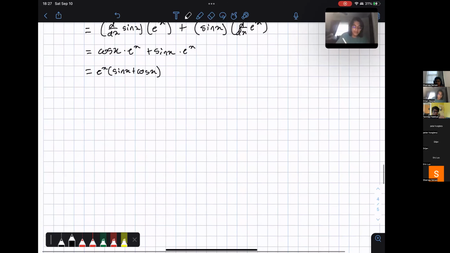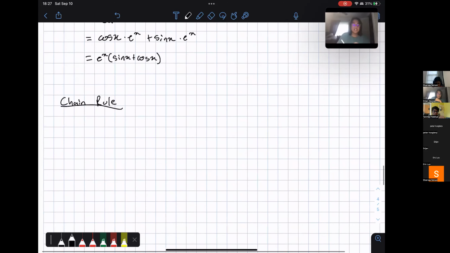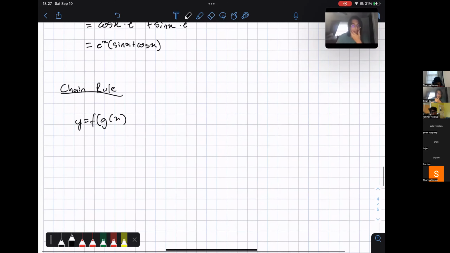Then we also have something called the chain rule. That's basically saying that if you have some function y is equal to f of g of x, then the derivative of y. Oh, also something that I was pretty confused about at the beginning.